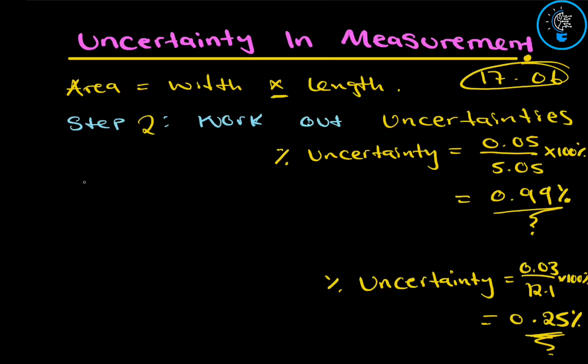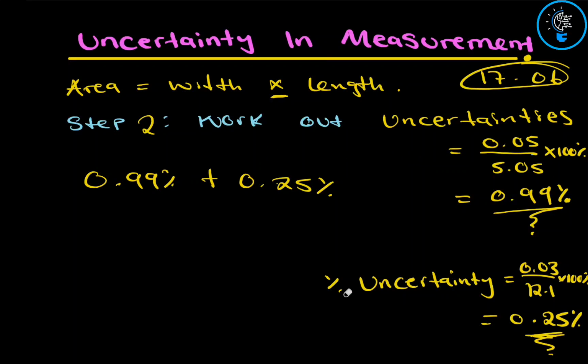So we're going to say 0.99% plus 0.25%. Okay, these things, I can get rid of them. So when you work out this one, plus 0.99, you are going to get 1.24%.